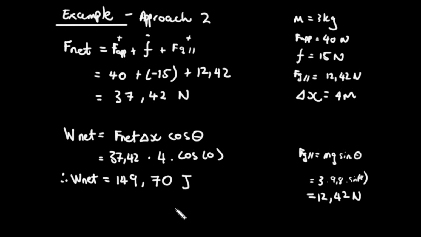Or you could just write 149,7 joules, because the 0 doesn't really matter. And there you go, that's our answer. Well done. That's the net work done on the car by all the forces acting on it as it goes up a 4 meter long incline plane.